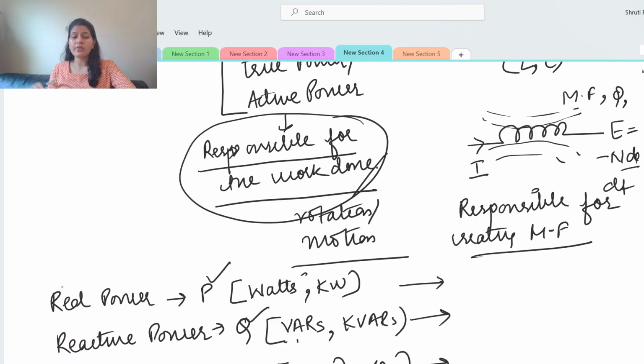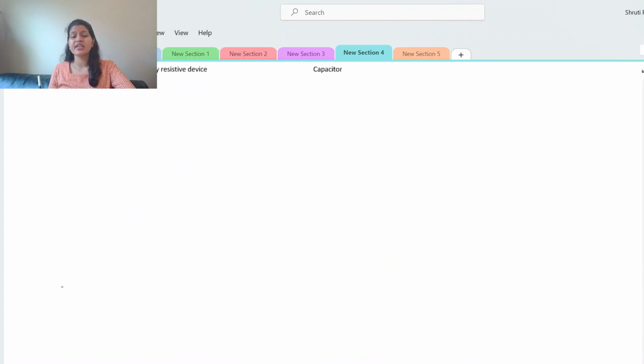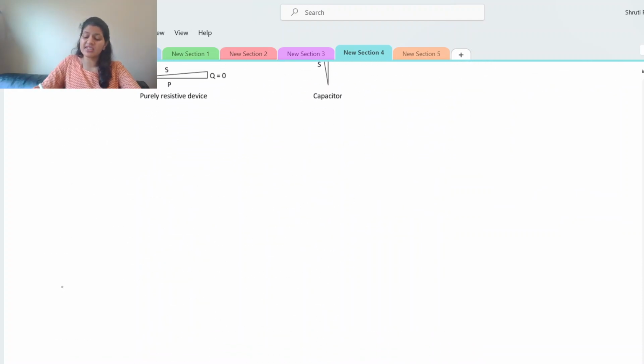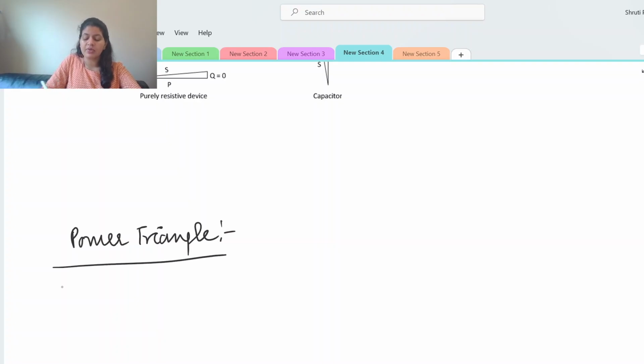Now if we want to know the relation between the real, reactive, and apparent power, we can see that relation with the help of the power triangle. I'll write it here: there is a thing known as the power triangle, and it is nothing but this.